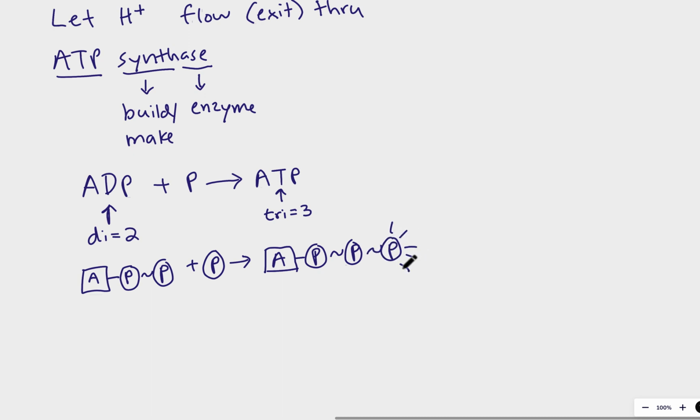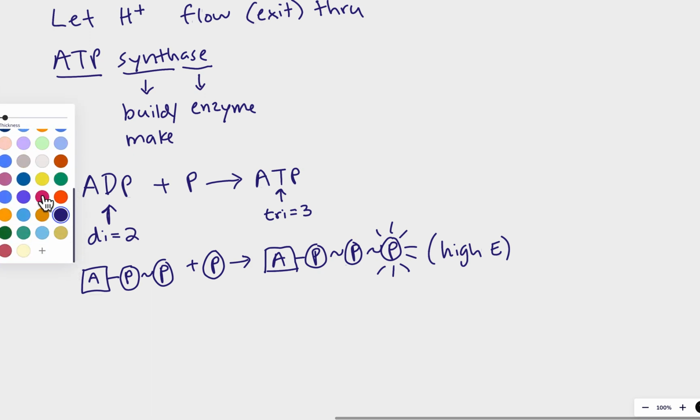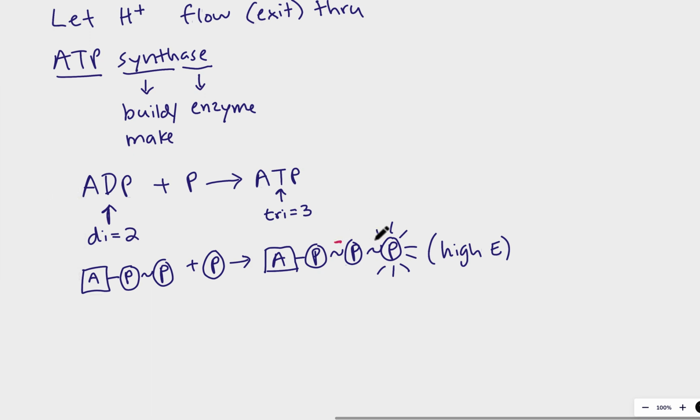Especially that last phosphate, I'm going to draw some lines around it to equal high energy. And you recall maybe that the high energy is due to the negative charges of these phosphate groups repelling each other. And really the energy is stored in the bonds.